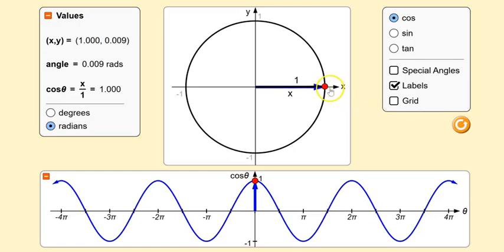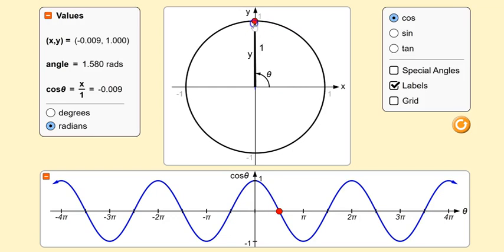So let's take a look at the graphs of cosine and sine here using this little interactive unit circle. The graphs of cosine and sine are very similar. The only difference is, you can see here, cosine, remember, cosine is the x-coordinate. Cosine starts off at 1 on the unit circle, and then as we go up to pi over 2, cosine is at 0.